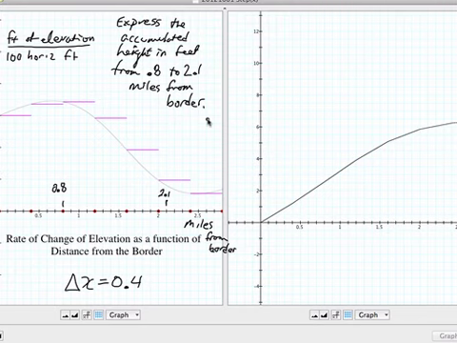This is kind of review from the end of class Friday. Express the accumulated height in feet along the highway from 0.8 miles to 2.1 miles from the border. Go.